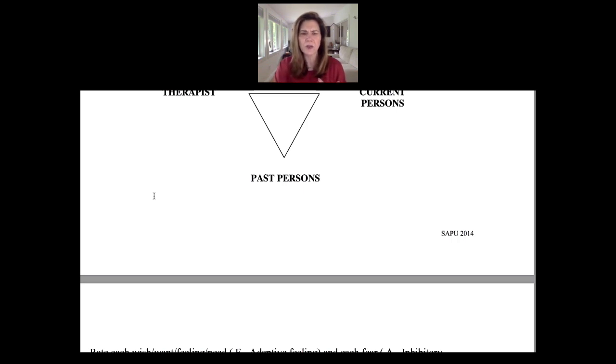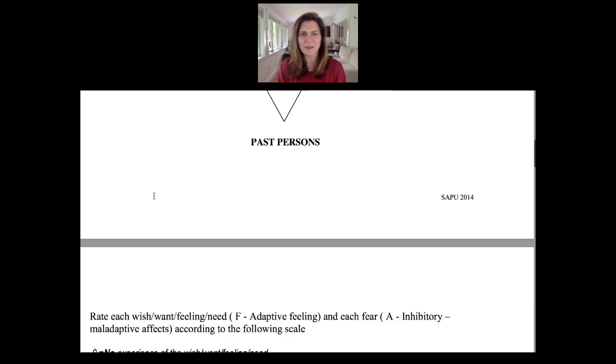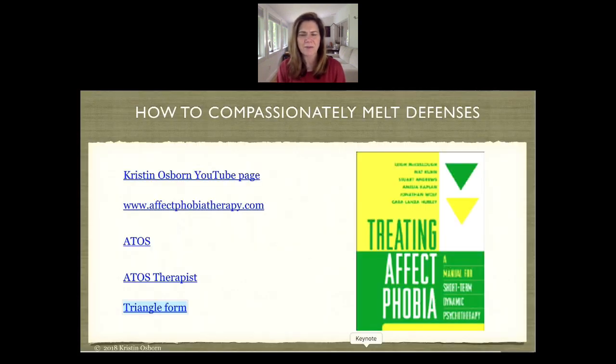And so with the triangle form, we actually encourage patients to use the triangle form. They can always have a Xerox copy that they keep floating around, and they can just begin to practice identifying what affects they're running away from, how they're running away from them, and what defenses are being activated.